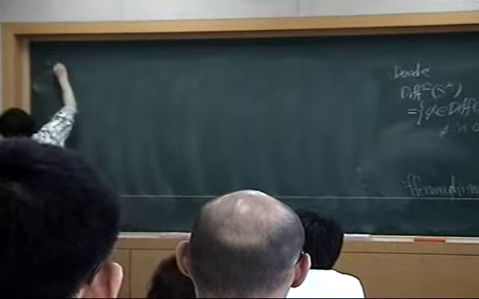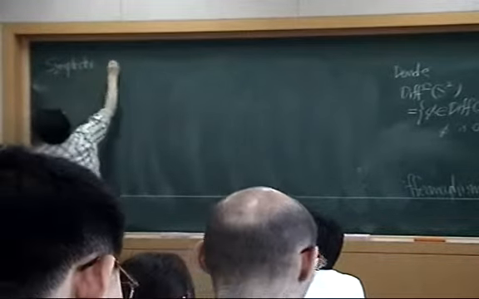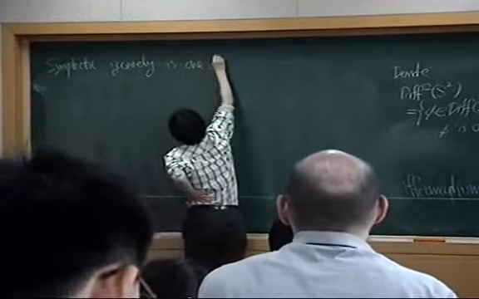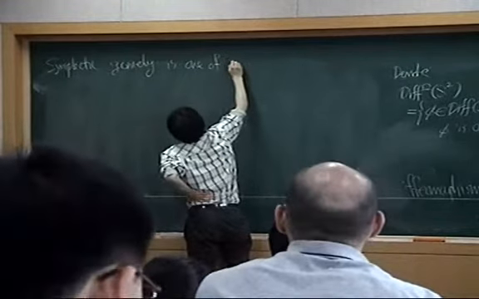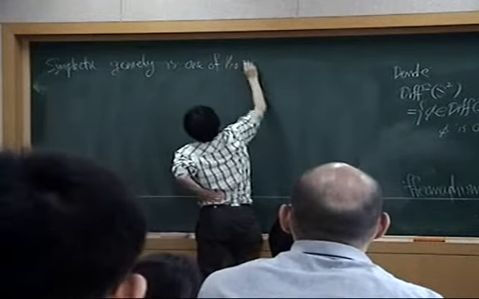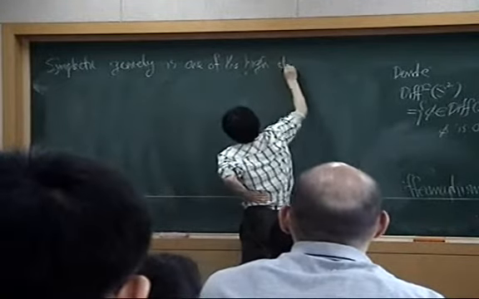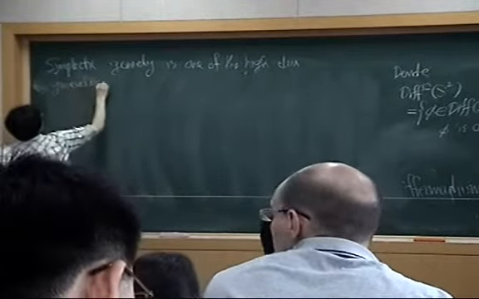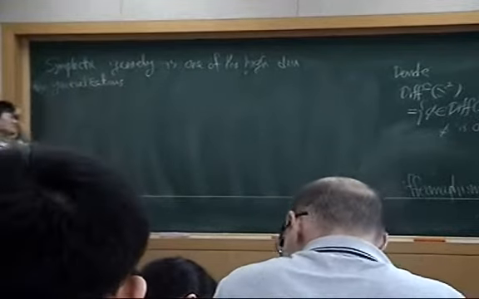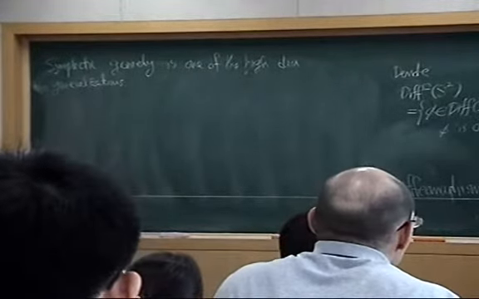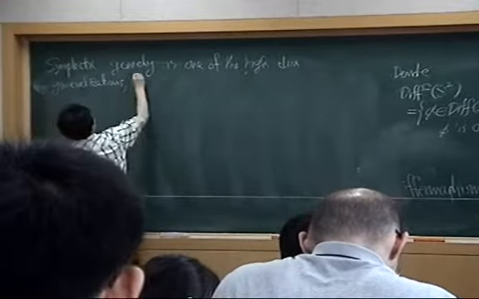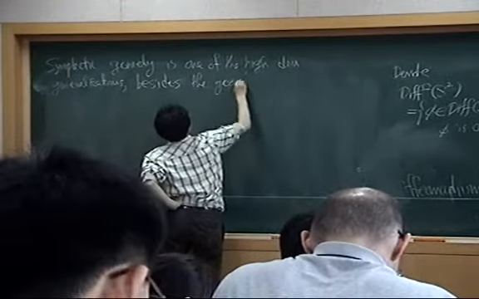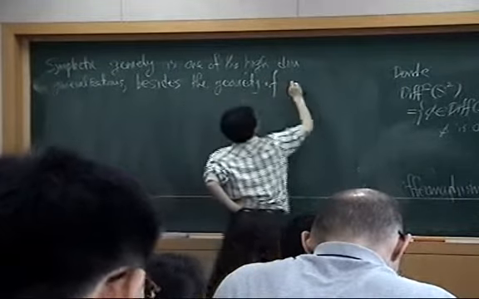Symplectic geometry is one of the high-dimensional generalizations, besides the geometry of area-preserving transformation.